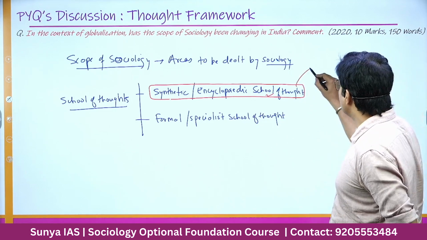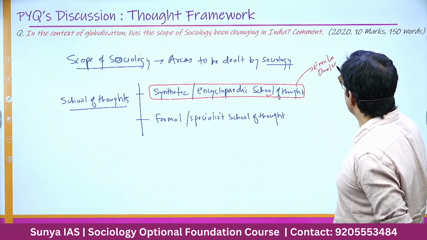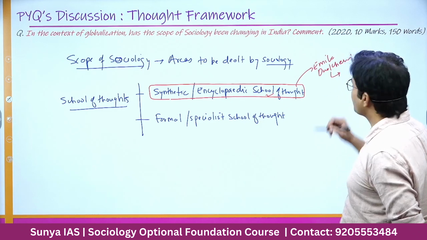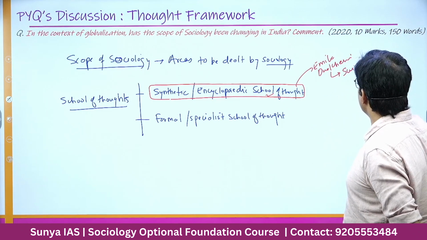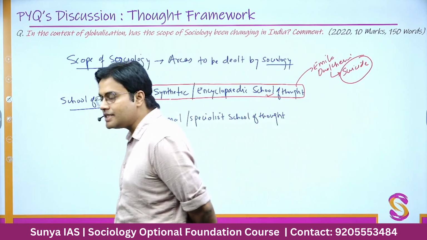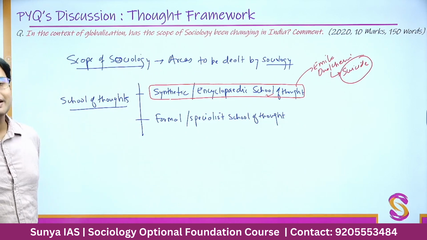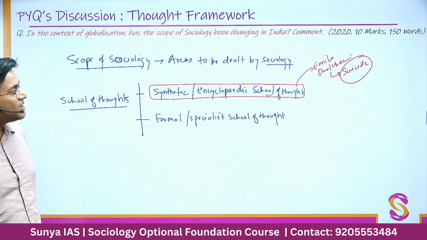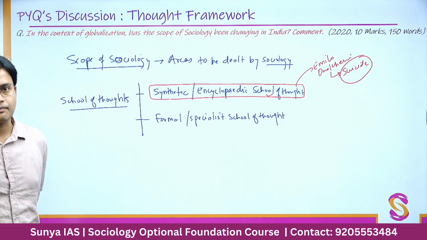For example, Emile Durkheim did a scientific study of suicide. Suicide, which was earlier seen as a psychological phenomenon, primarily dealt with by psychology, Emile Durkheim now subjected to sociological analysis. So suicide, which was earlier seen as a psychological phenomenon, also comes under the purview of sociology.